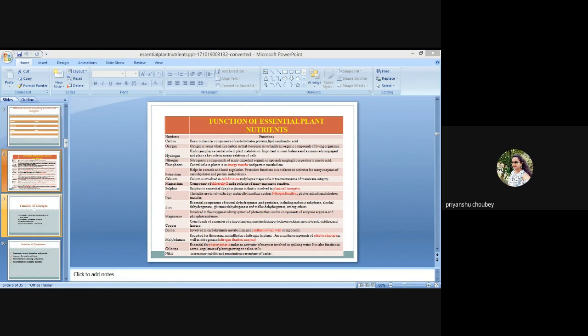This activated carrier again traverses to the outer side of the plasma membrane, intercepts an ion, transports it across the plasma membrane, loses the ion to the cytoplasm, and loses its activity. It gets regenerated and the cycle goes on. This cycle has been created by Mengel and Kirkby in 1982.